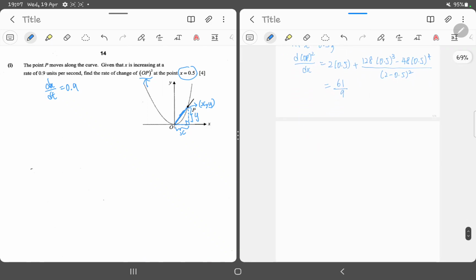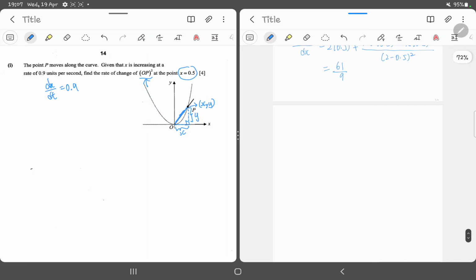Okay? So using the connected rate of change, right? d(OP squared)/dt, which is what we want to find, right? The rate of change of OP squared at the point x equals to 0.5. We can get d(OP squared)/dt equals to d(OP squared)/dx times dx/dt.